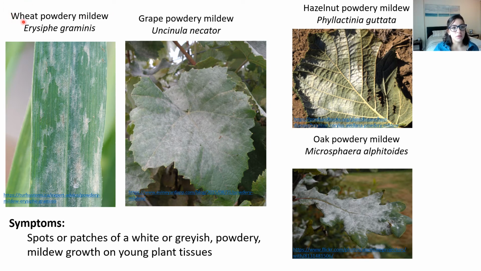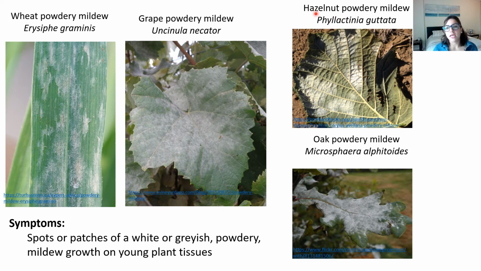Here we have powdery mildew in wheat. This disease is caused by Erysiphe graminis, and here we can see the powder on the upper surface of the leaf. There's also powdery mildew in grape caused by Uncinula necator.